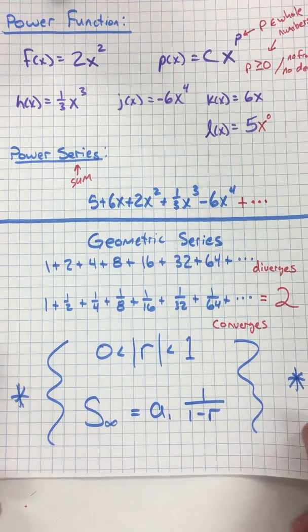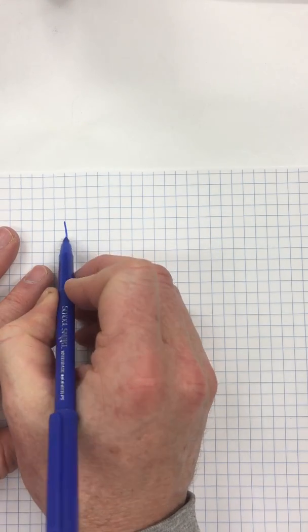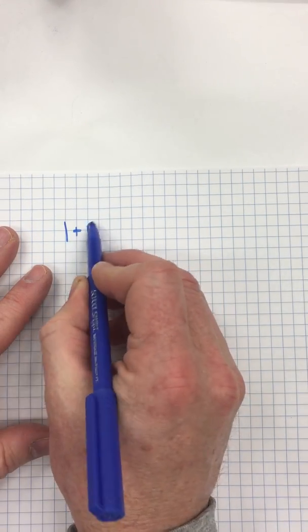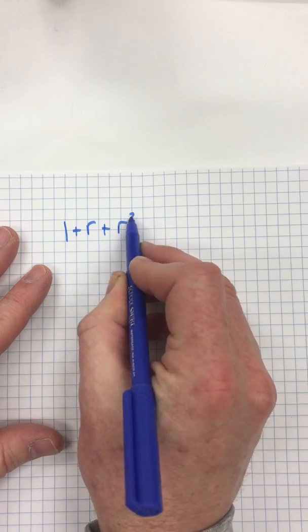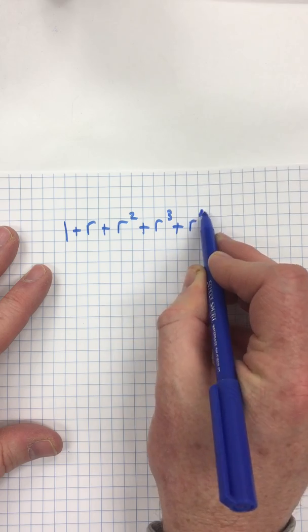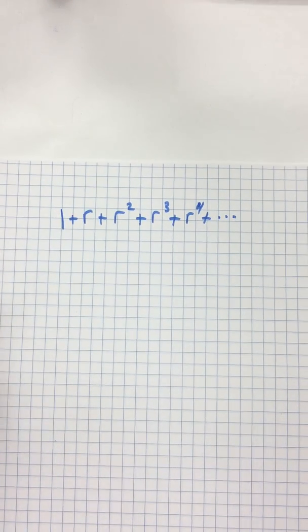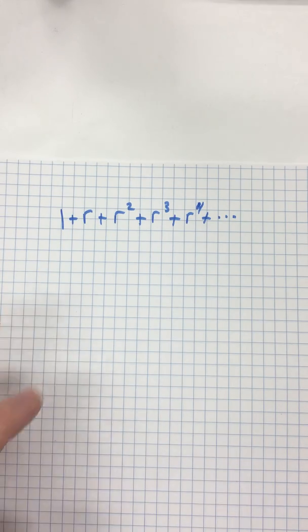So keep those things in mind, and let's take a look at a series that's a general geometric series. In other words, if I have a general geometric series, I know that I'm multiplying by a common ratio over and over and over again. This is a general geometric series. That could literally represent every geometric series that exists.